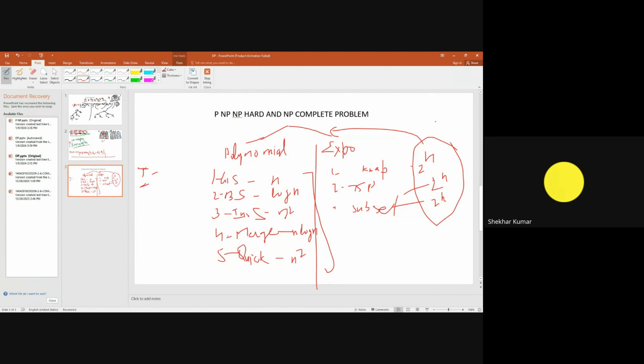And that is the goal. We want to solve these exponential time problems in polynomial time.